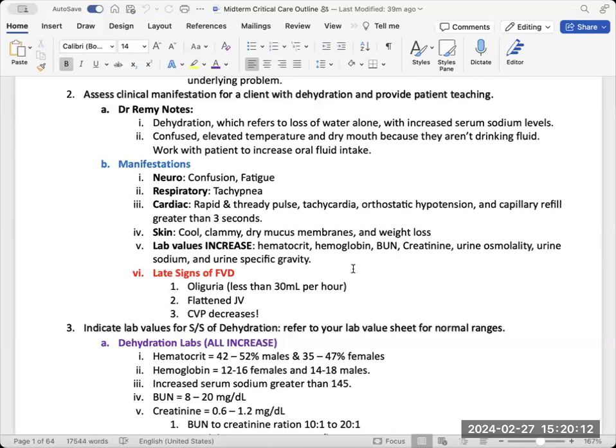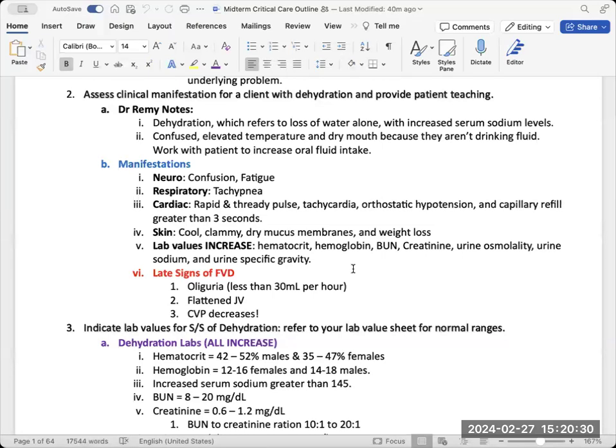Also, the skin is going to be affected. If they don't have enough water or fluids, they're going to be cool and clammy and have dry mucous membranes and weight loss. Labs will also increase. I'll get into that later because that's going to go into the next question.